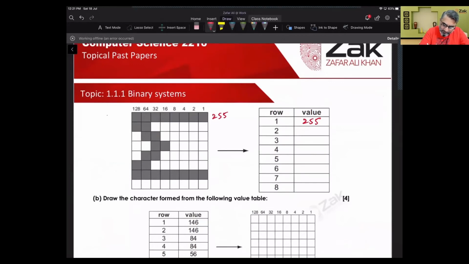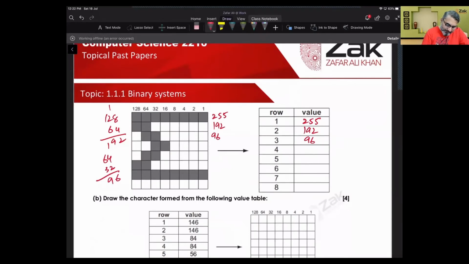So we write 192 over here. Then we have 64 plus 32, 96. We write 96 over here.